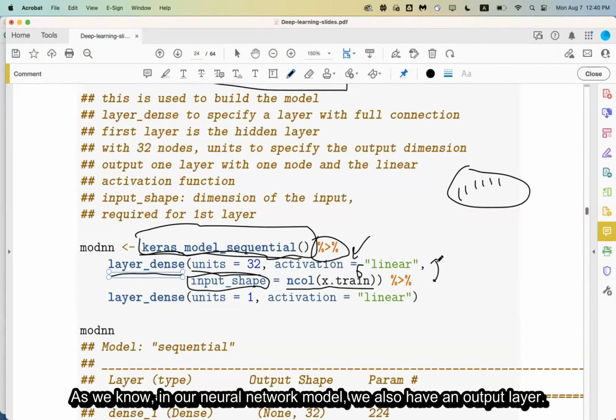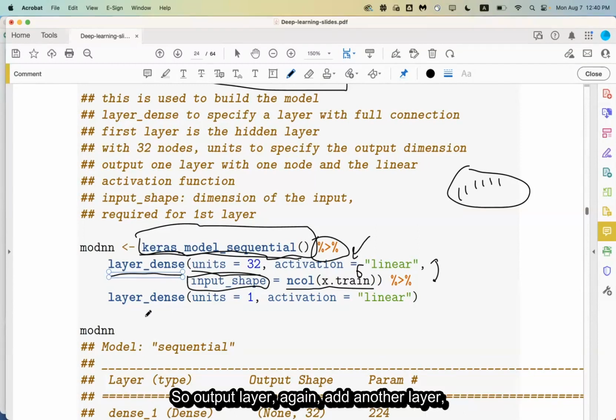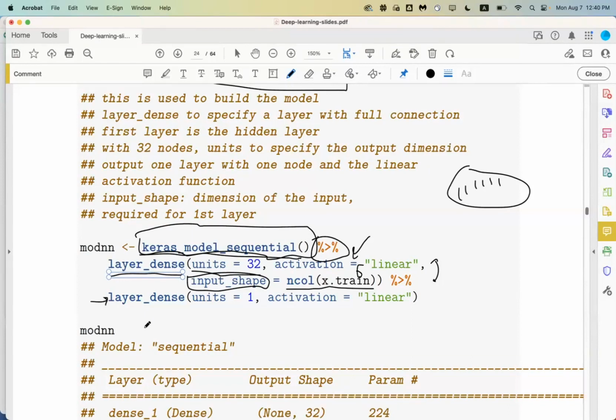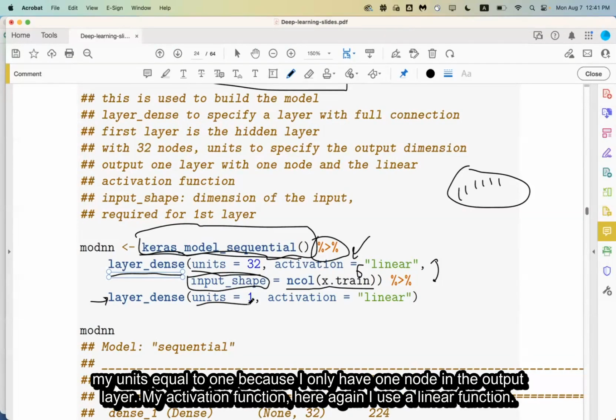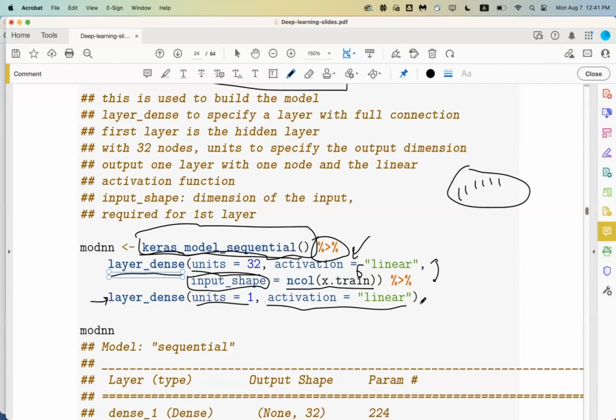And as we know in our neural network model, we also have an output layer. So for the output layer, again, add another layer, add another Lego block to my Lego. In this case, I use layer dense again. So my units equal 1 because I only have 1 node in the output layer. My activation function here, again, I use a linear function.